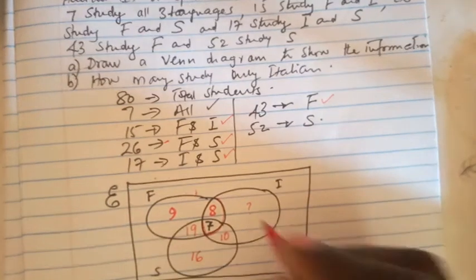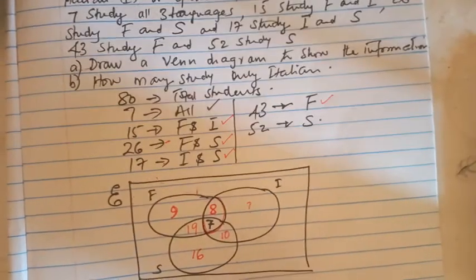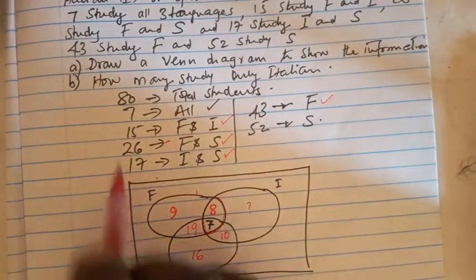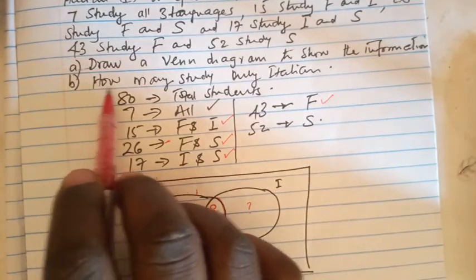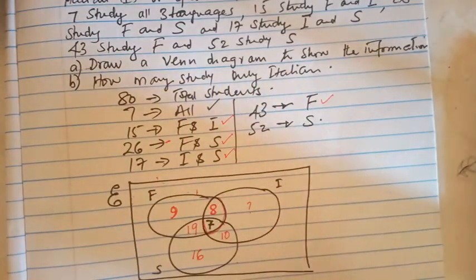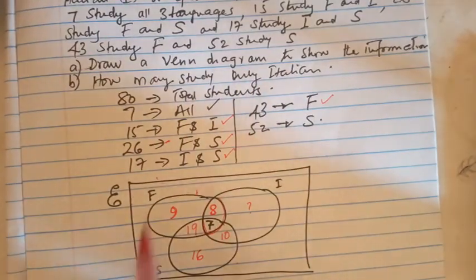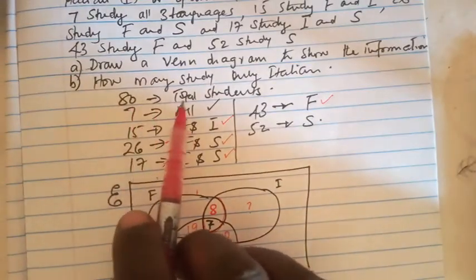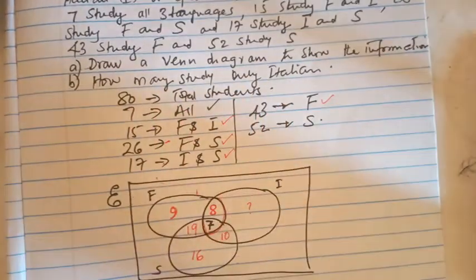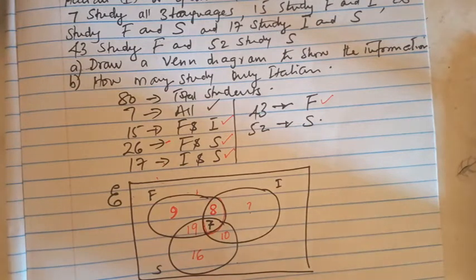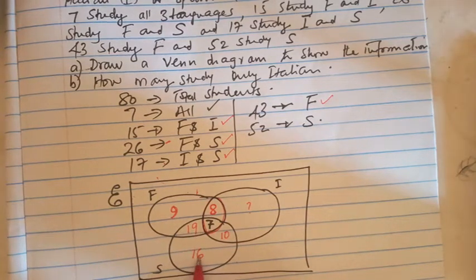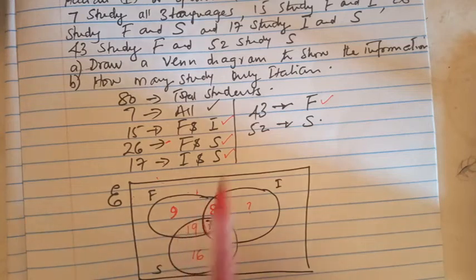So we have represented that information in the Venn diagram. And part B is asking how many study only Italian. Remember, we have a total of 80 students in that college, and each one of them has to be doing something. We have already distributed all these: 16, 10, 7, 8, 19, and 9.